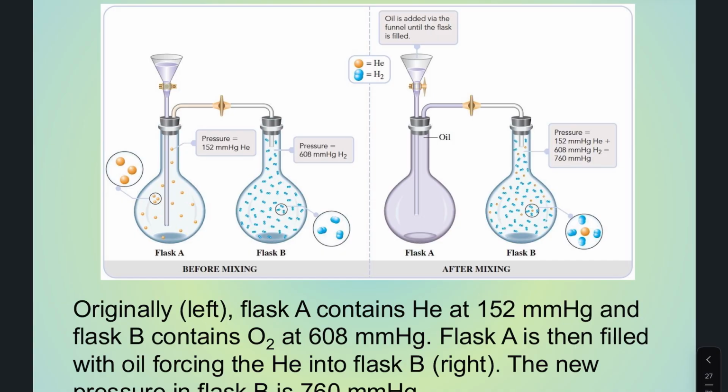And when you fill flask A with oil, forcing the helium into the flask, the new pressure is going to be the additive pressures of both of those things. So you have 152 plus 608. That is going to be the entire pressure found in the right-hand flask. So really what this is saying is that they just behave ideally. They behave the way that they should.